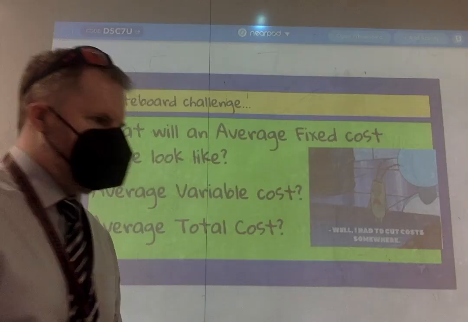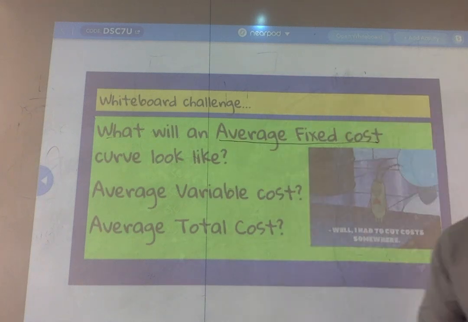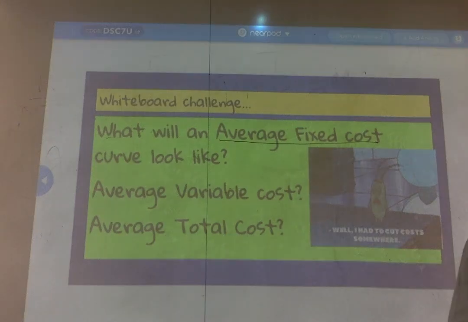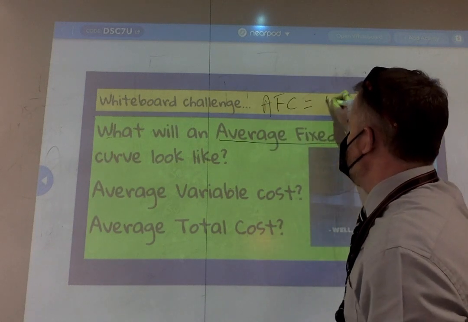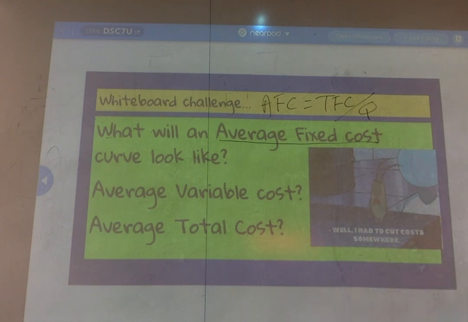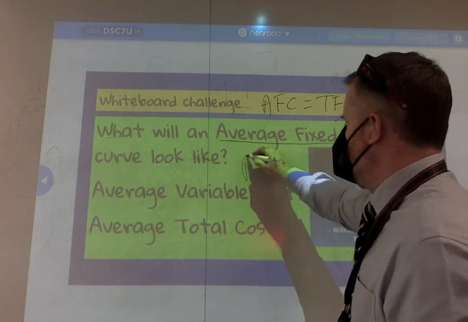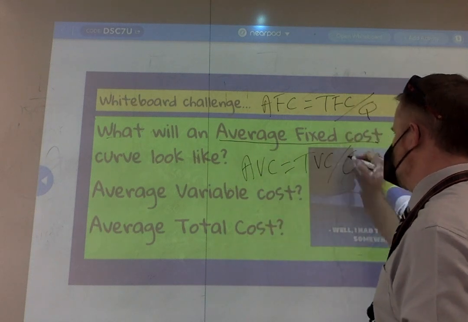So, firstly, how do you work out average fixed costs? Good. So your average of your fixed costs is going to equal the total of your fixed costs divided by your quantity. How would you work out the average of your variable costs? Yes. Your average variable cost is going to be the total variable cost divided by the quantity.